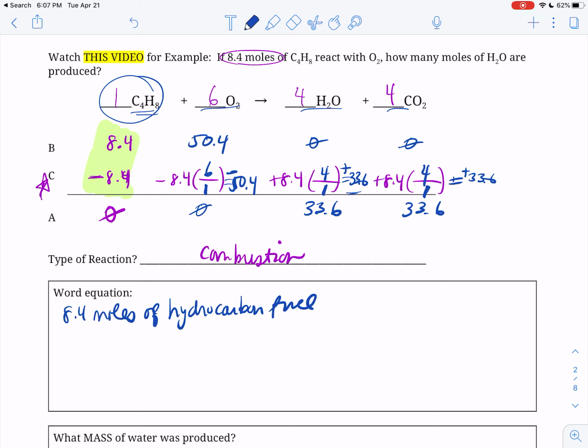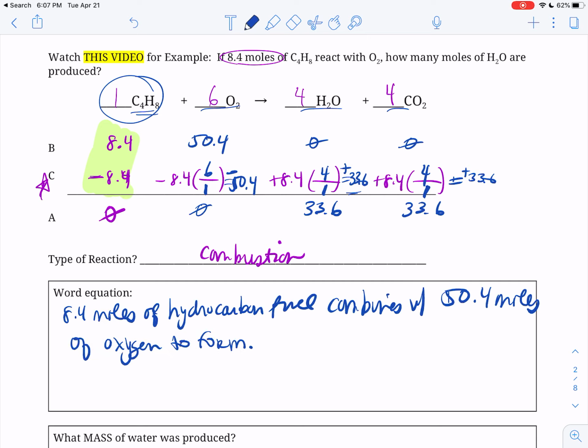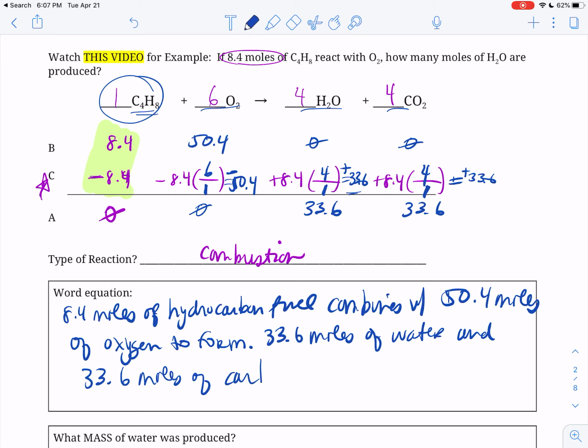Okay, combines with 50.4 moles of oxygen, okay, to form 33.6 moles of water and 33.6 moles of carbon dioxide.